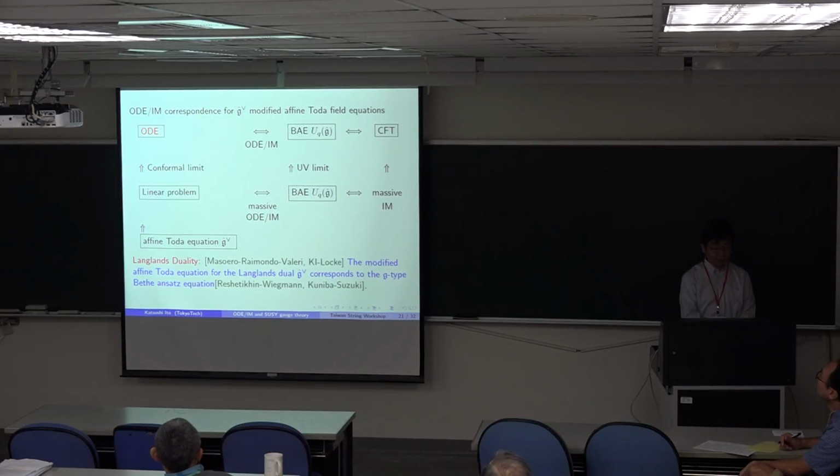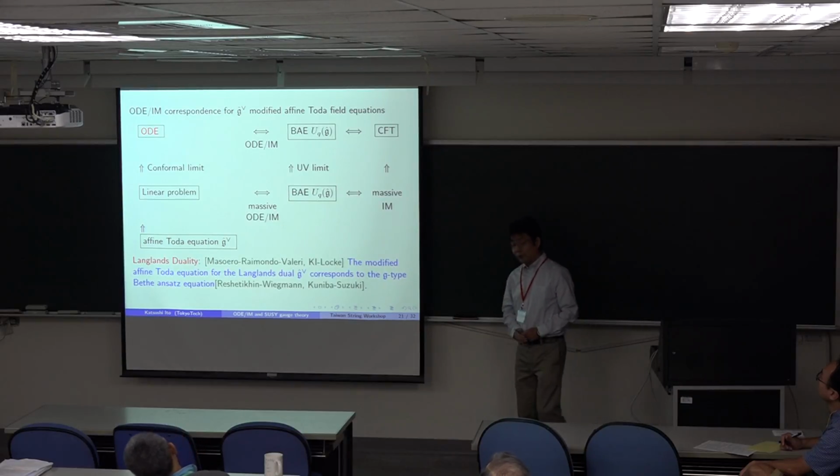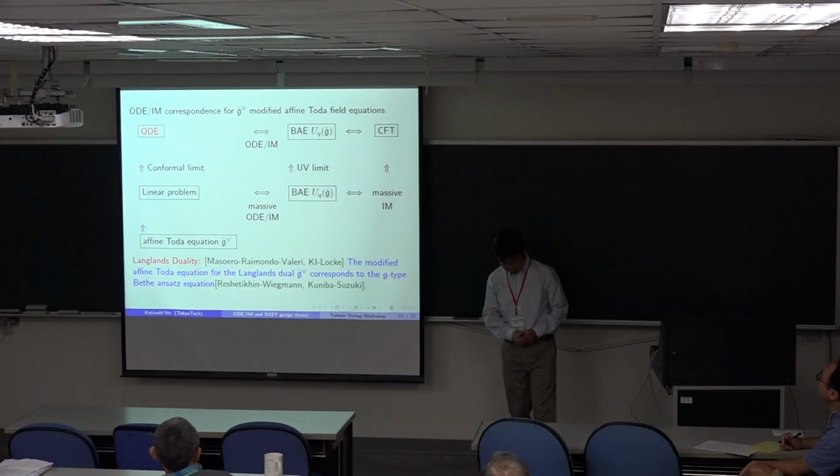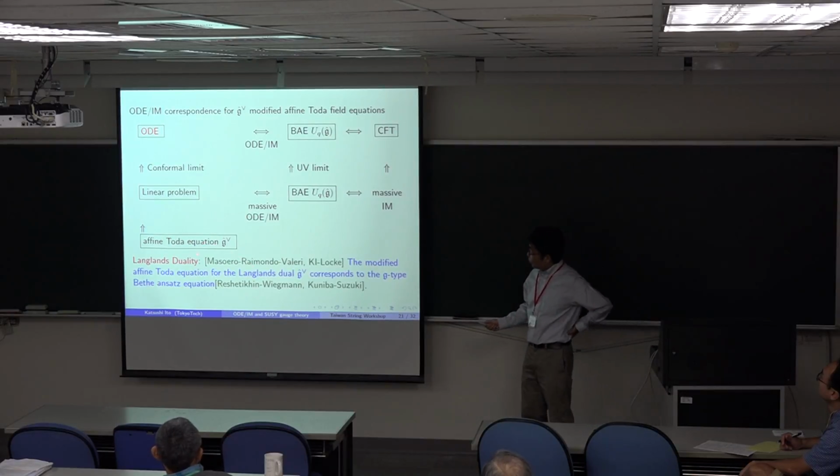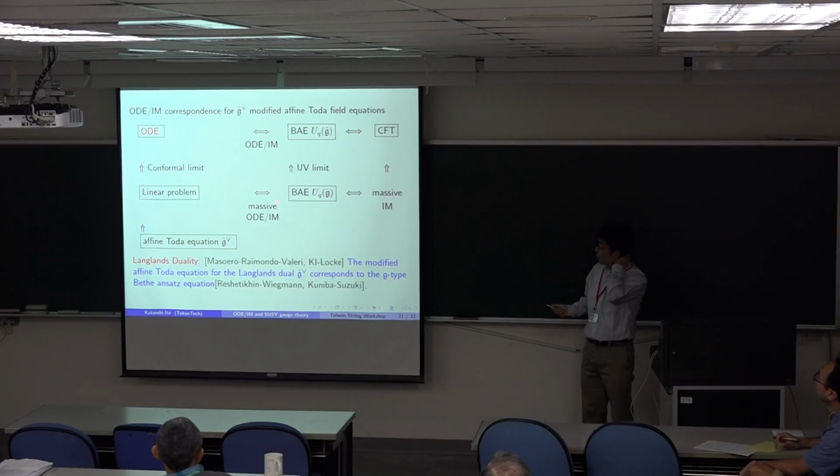So we have some scheme, we can generalize it to an arbitrary affine algebra. So we have this kind of picture. Then if we start from the affine equation based on the Langlands dual of the affine algebra, we have some linear problem, and by solving this linear problem we can have some Bethe equations.